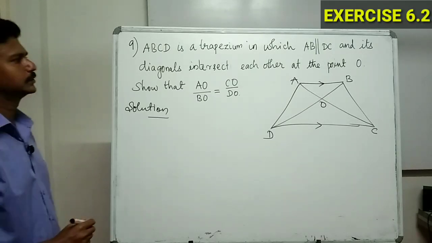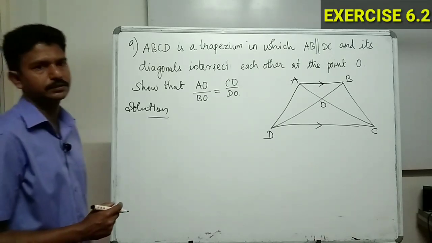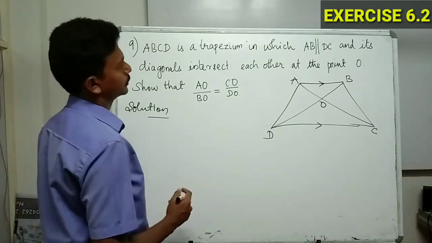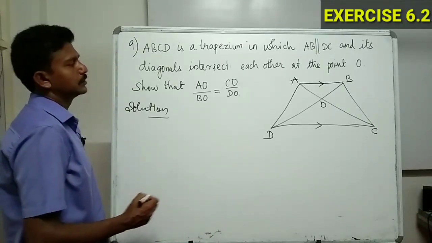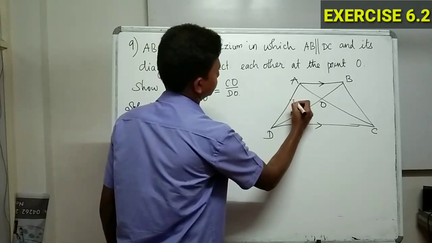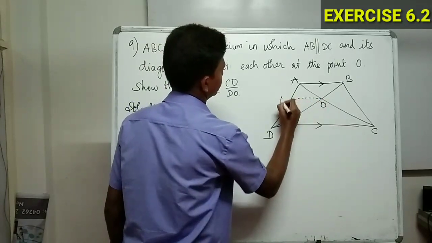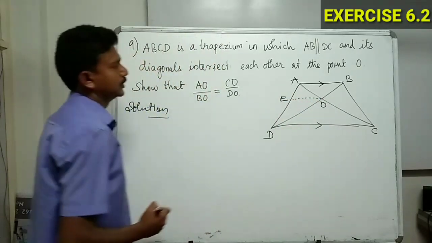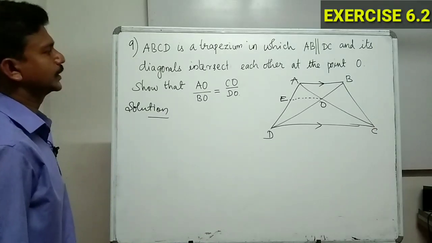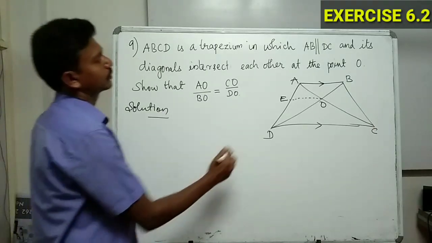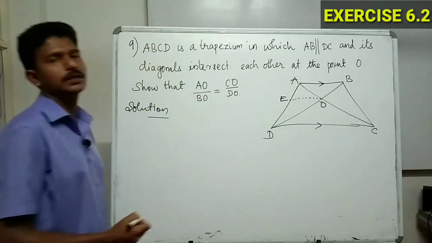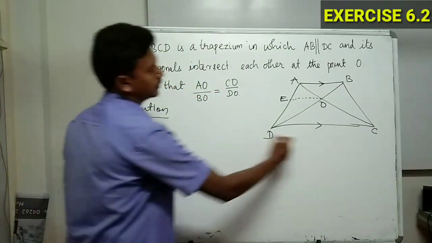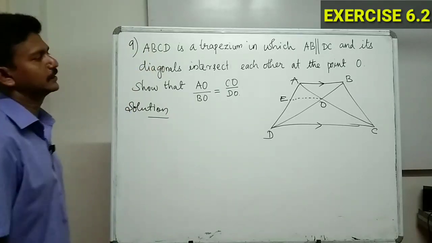Here, to do our answer, we have to do one construction. We are going to draw a line here and name it OE. If you draw this line, OE is parallel to AB. If it is parallel to AB, then it will also be parallel to DC.